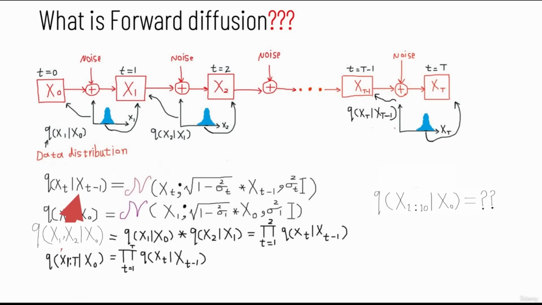Here in this way, we just need to put the name of the variable and the mean and the variance of this Gaussian distribution. So now, this distribution q of x1 given x0 is equal to the Gaussian distribution that we will use to get the value of the x1 variable, where the mean of this distribution will be equal to the square root of 1 minus the variance at time step 1 times x0.